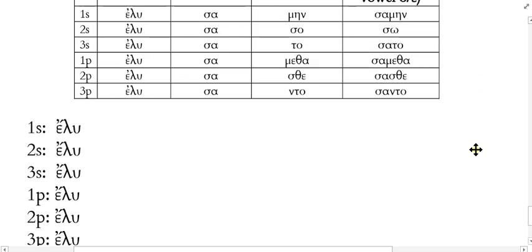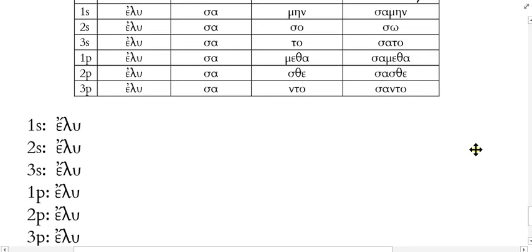So for the first singular, we're using elu, augment, aorist active tense stem, sigma alpha tense formative, and then men for my middle passive ending. Elu, sa, men. Can I leave my accent on the epsilon here? No. So that's going to go away, and I'm going to put it where?